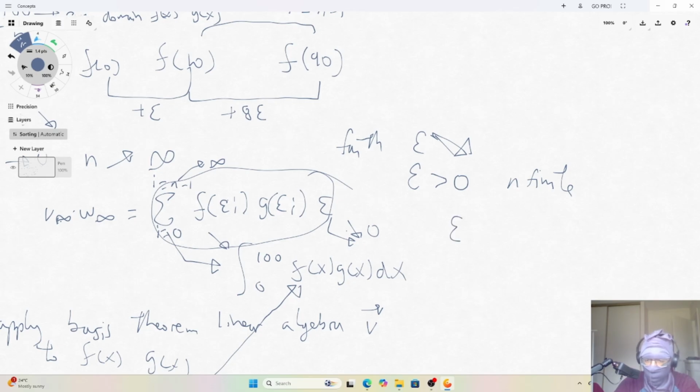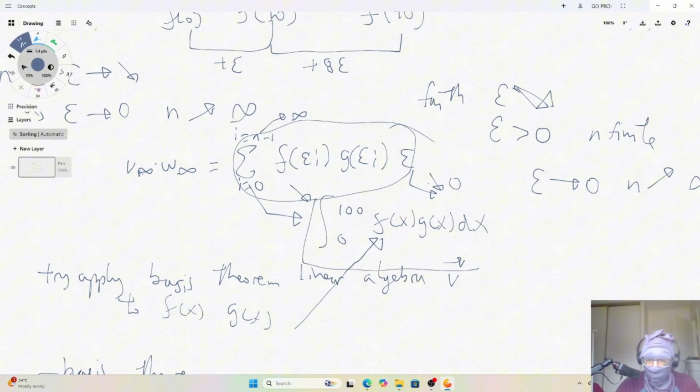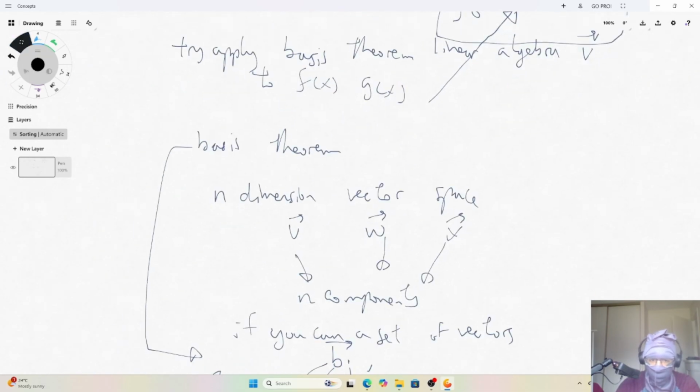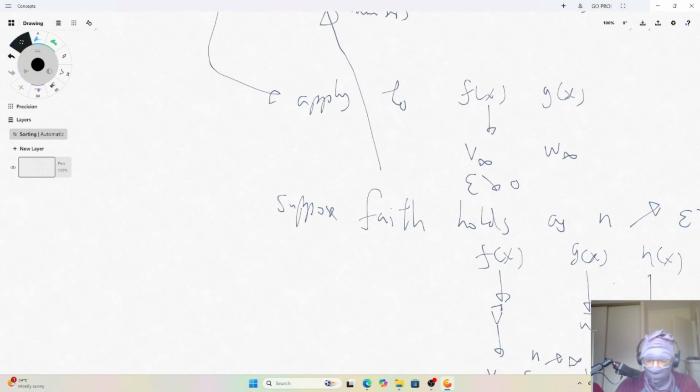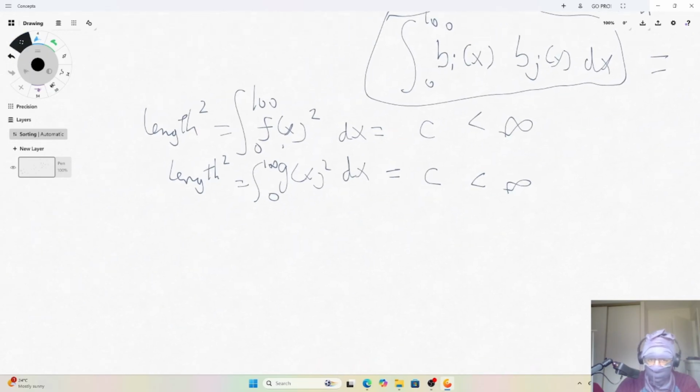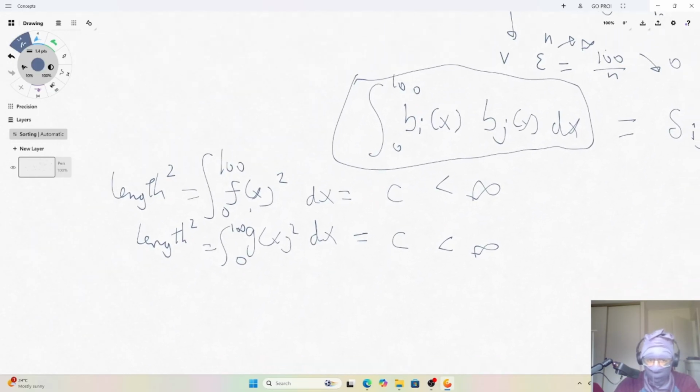But as epsilon gets closer to 0 and n increases towards infinity, we still want to believe that it applies to those vectors that we extracted with infinite dimensions. So if we believe that, then we will have to believe that f(x) is given.